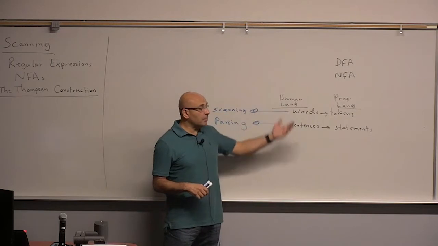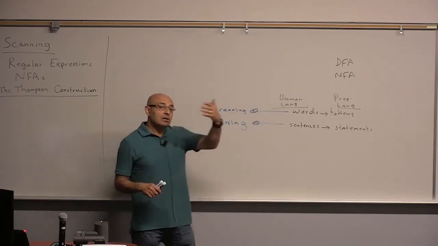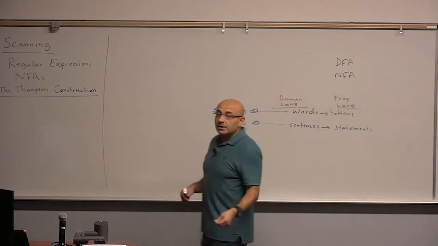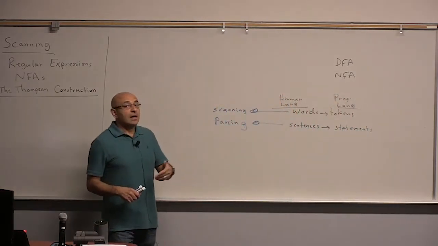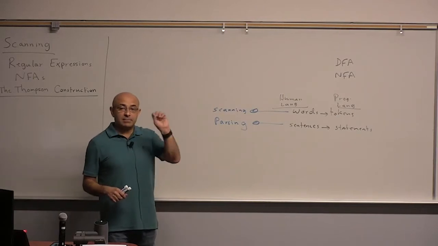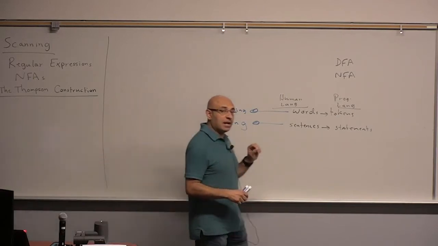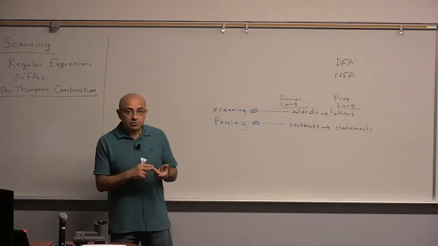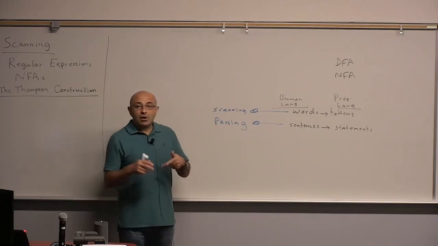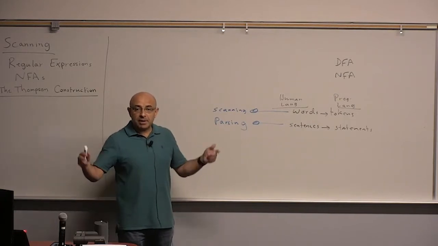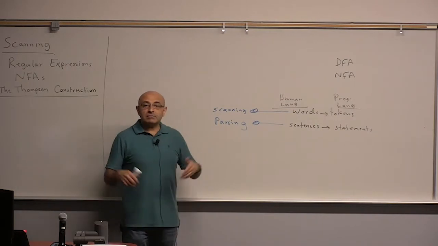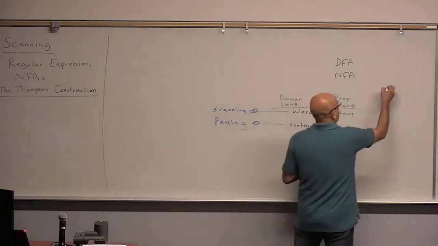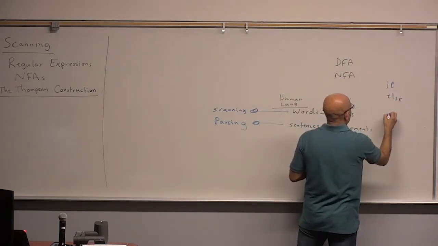And the words in a typical programming language are the numbers, the integers, variable names, the different operators, and the keywords of the language. So these are the main parts of speech in a language: numbers, constants, variable names, which we call identifiers, operators, plus, minus, and the keywords, like if, else, while.